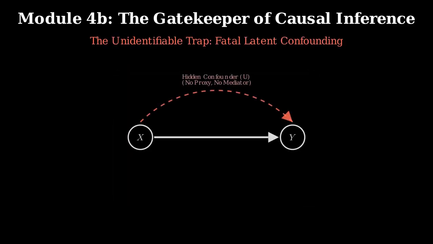However, do calculus is not a magic wand that can conjure answers out of thin air. If your graph contains dense, irrecoverable structures, such as an unmeasured latent confounder U that directly shadows both your treatment and your outcome with no intermediate mediators or clean proxies, the system breaks.